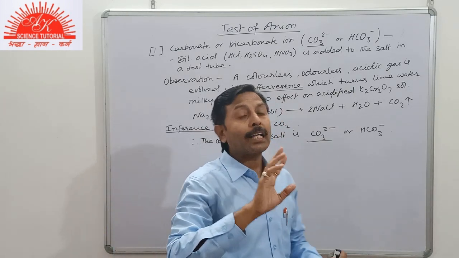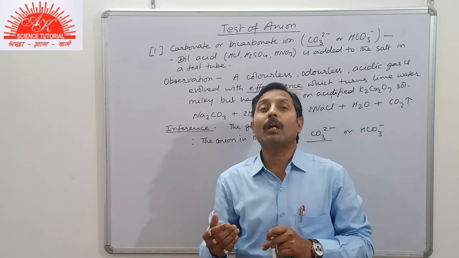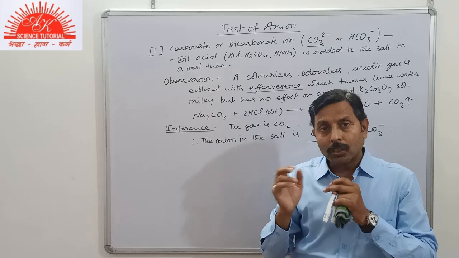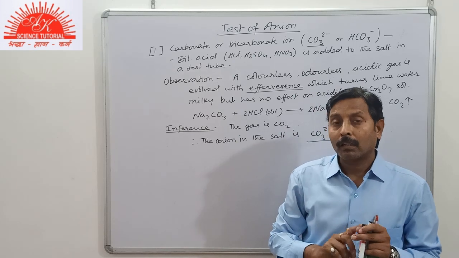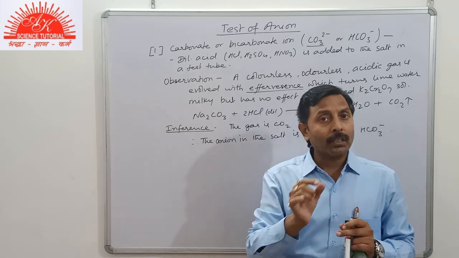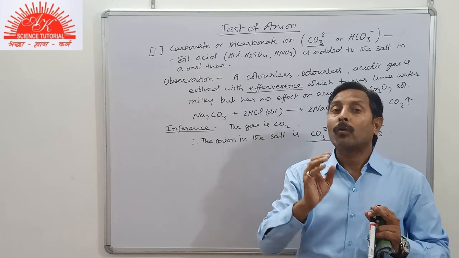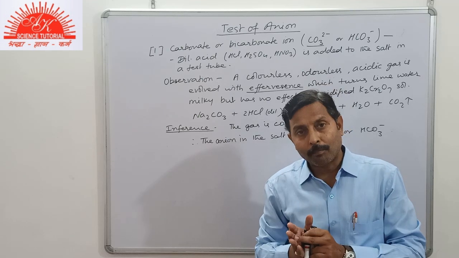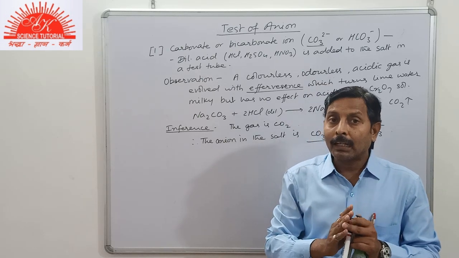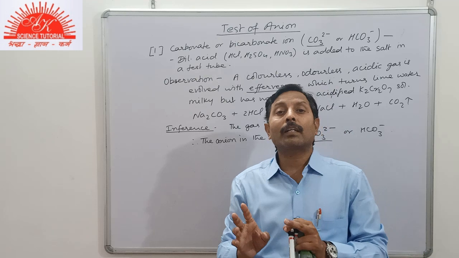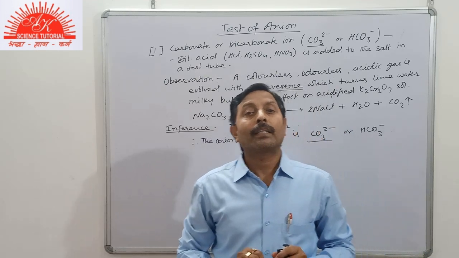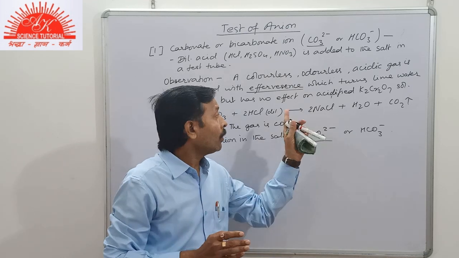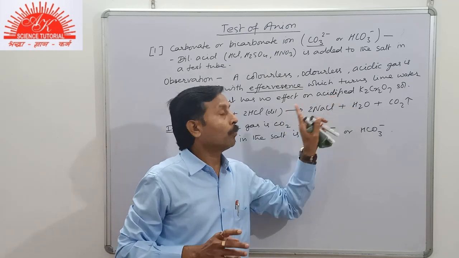So, question is asked in the similar way. Suppose you have to answer, identify the anion in the given salt. Then how will you write? Or what will be the given in the question? It will be given like this. When dilute H2SO4 is added to the given salt sample X, then a colorless, odorless, acidic gas is evolved that turns lime water milky but has no effect on acidified potassium dichromate.